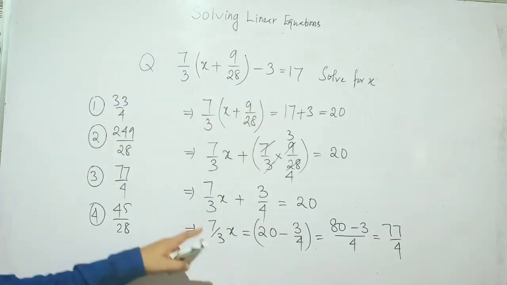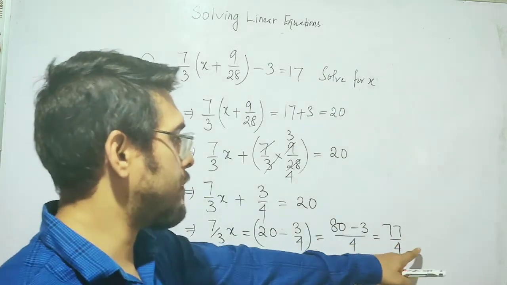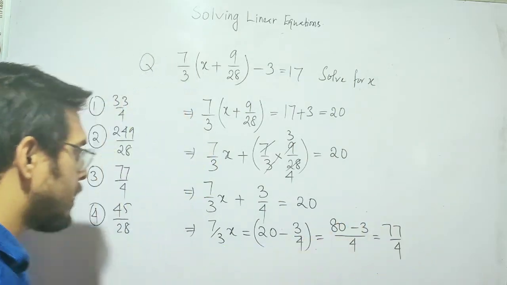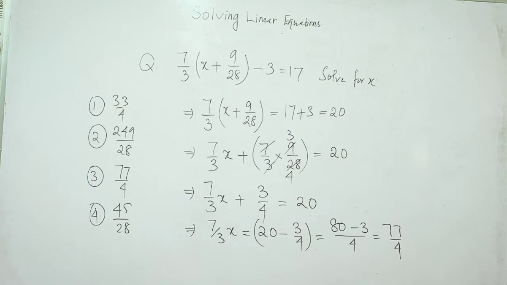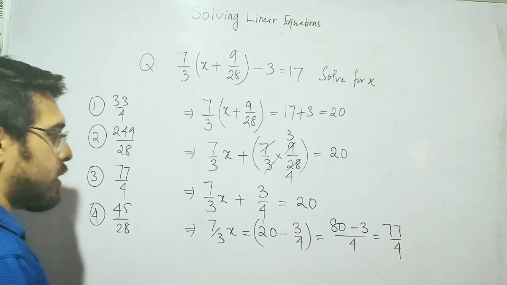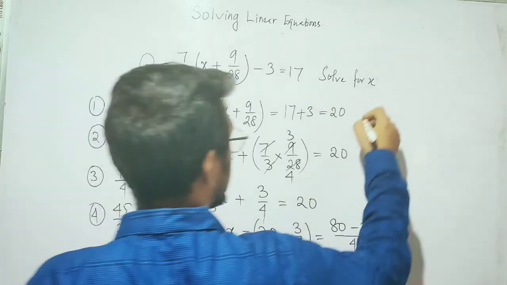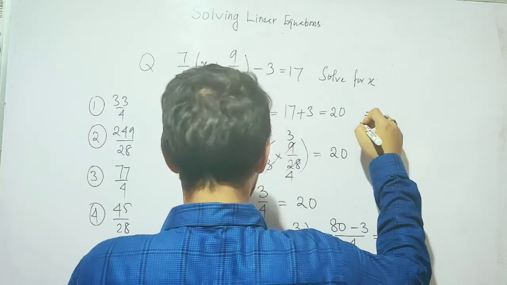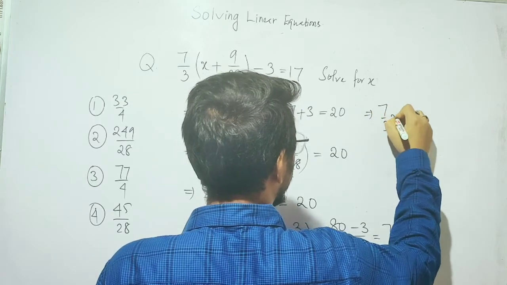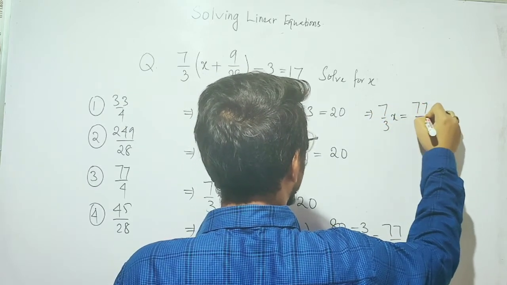Okay, 7 over 3x is 77 over 4. Is this part visible? Yes. So that is 77 over 4. Now finally, 7 over 3x equals 77 over 4.